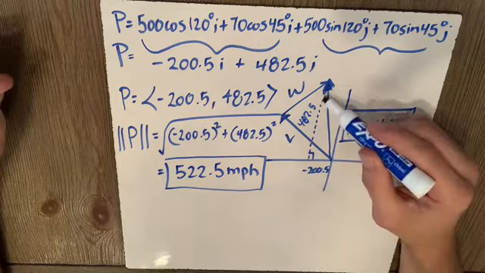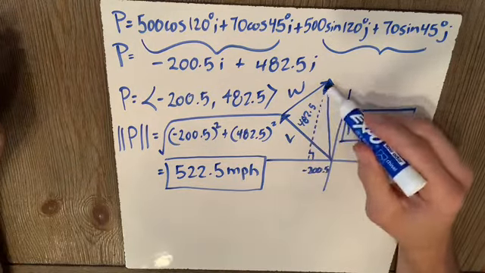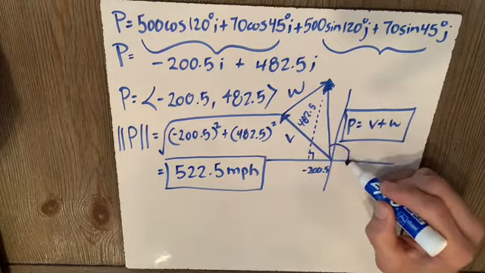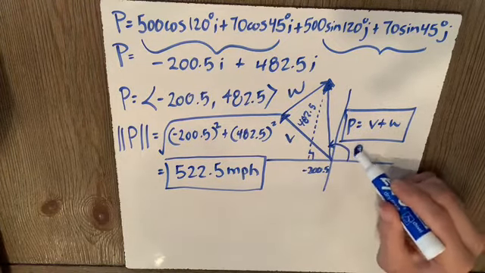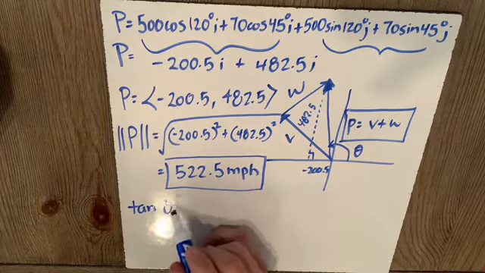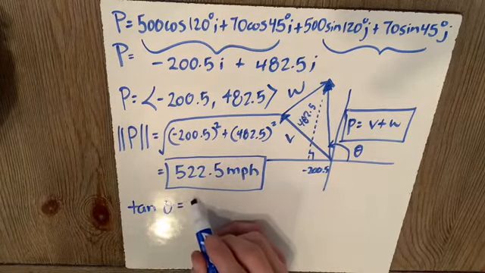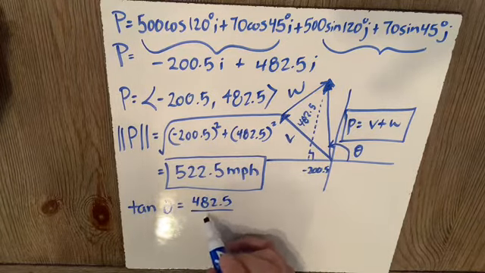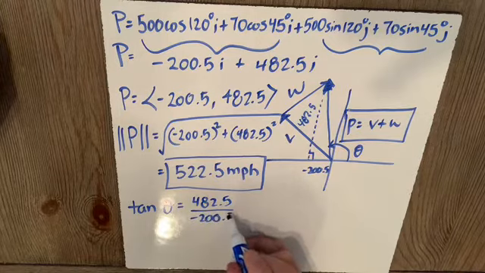How about, given that we found the components here, how do we find this angle? This will be its directional angle theta. Well, of course, tangent of this directional angle theta is equal to opposite 482.5 over adjacent negative 200.5.